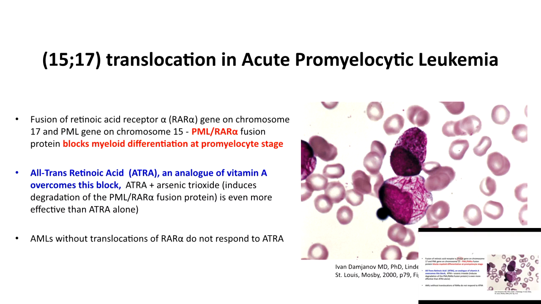This translocation, which results in the fusion of the PML and the RAR gene, results in the formation of a fusion protein that does not allow the myelocytes to progress beyond the promyelocytes.